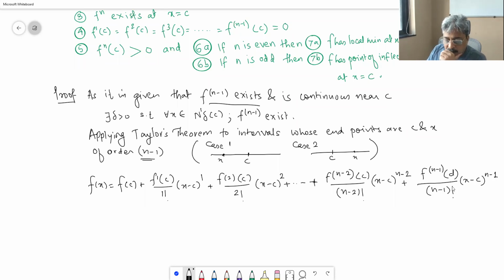Now, it is given that all these terms are zeros. So, given f1 of c equals f2 of c equals up to f n minus 2 of c, everything is given to be equal to 0.